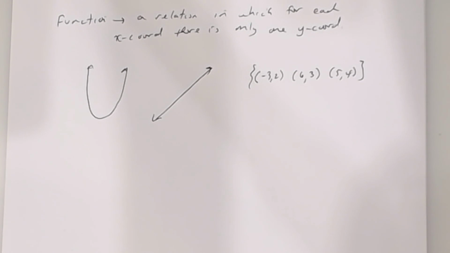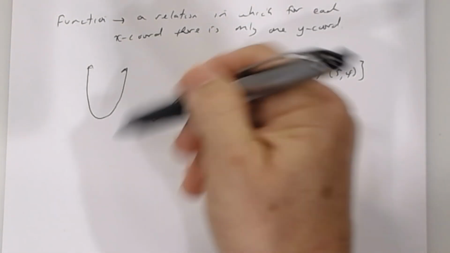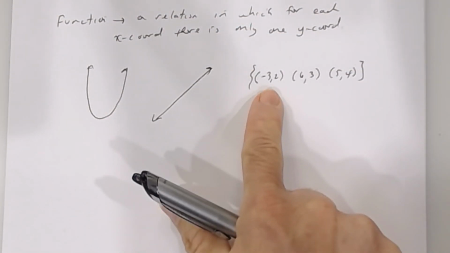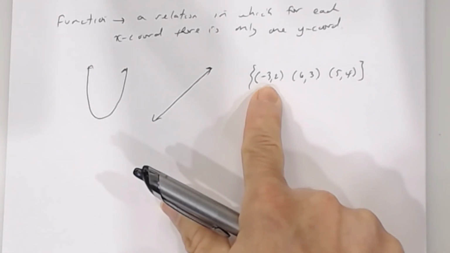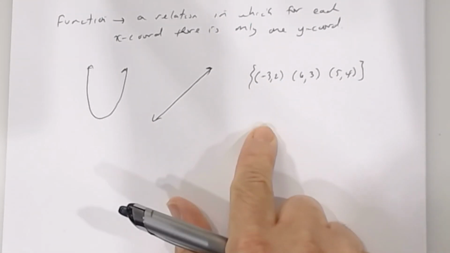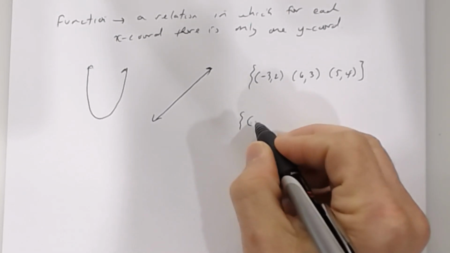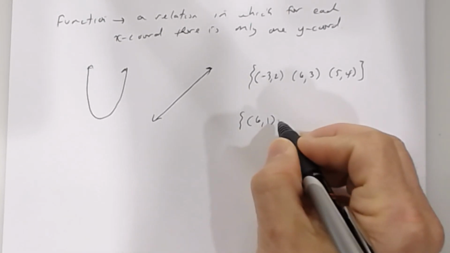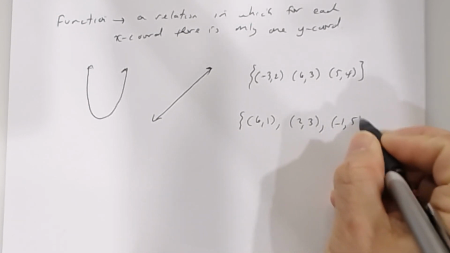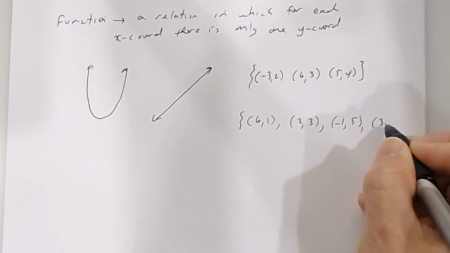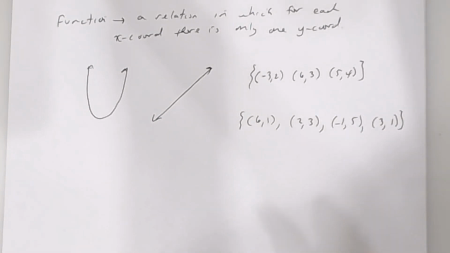They're all functions. These pass the vertical line test, and this right here, for each x coordinate, there's only what? One y coordinate. Same thing here. If I have (6, 1), (2, 3), (-1, 5), (3, 1), that's still a function, right?